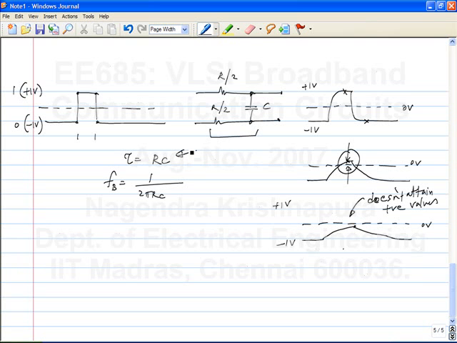Now it could be that in many cases that you see, the RC time constant is small enough. When I say small, it's compared to what? These are dimensional quantities, so I have to compare it to something. In this particular case, if Ts is the symbol period and tau is much smaller than Ts, I don't have any problem.